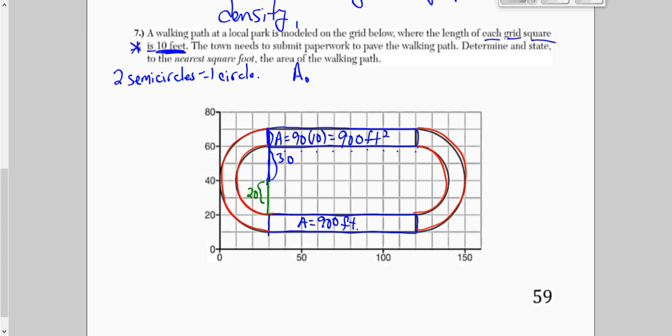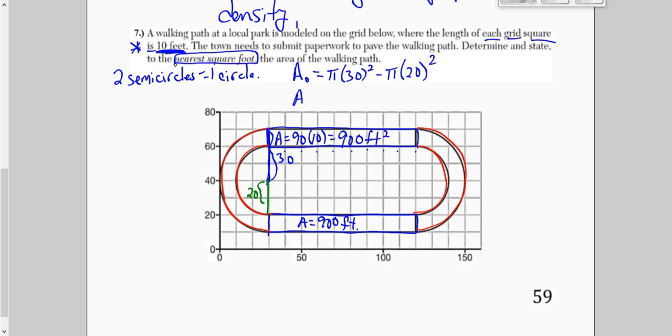So our area for the circle is going to be pi r squared, pi times 30 squared, minus the smaller circle, pi times 20 squared. If we put that in our calculator, because they want the nearest square foot, we don't need to worry about leaving this in exact terms with pi.